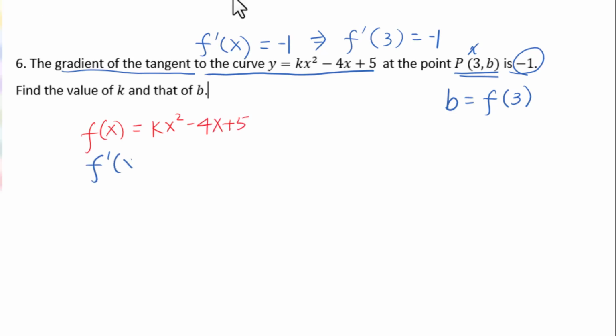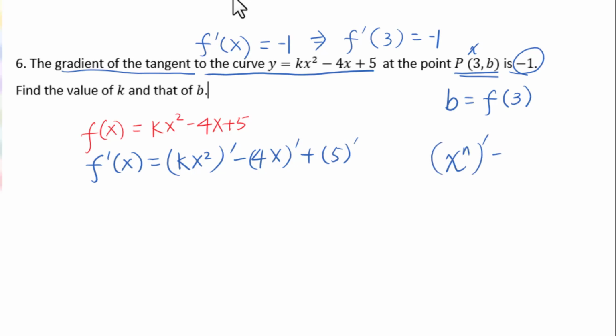F prime of x equals kx squared prime minus 4x prime plus 5 prime. Power rule of derivative: x to the nth power prime equals n x to the n minus 1th power. So we have k times 2x minus 4 plus 0.